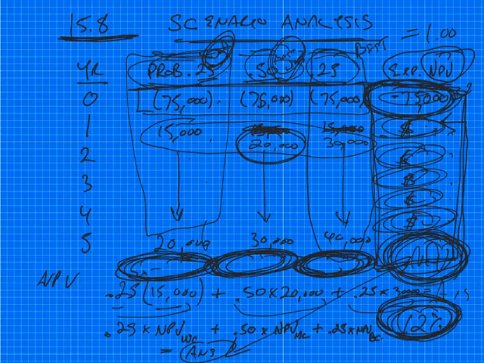I won't give you all the hints, but you're going to be using these numbers that you calculated in question B, and you're going to be using the number that you used in question A, where you got the NPV for the project. You're going to be using both of these in your formula.